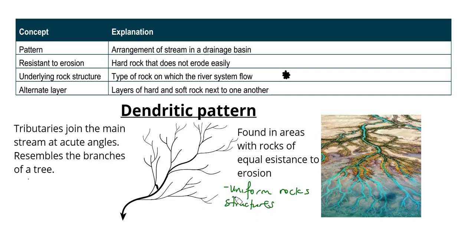That's what we have. Then you can see the example here. In reality, this picture actually shows you how the tributaries are connected. You can see that when the tributaries join, they join at a small angle.